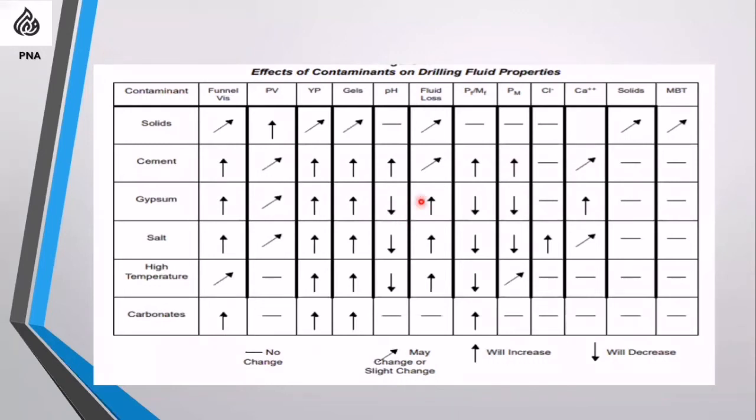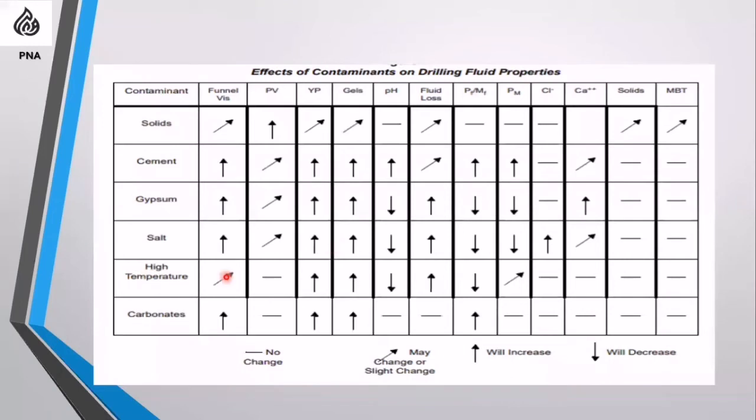Fluid loss will get higher, and PF and MF, not like cement, will be down, and Pm also, because this is the mud alkalinity, all will be down, and calcium will be very high because the gypsum will release the calcium. So here we have gypsum or anhydride contamination.